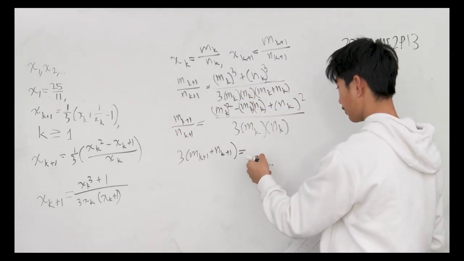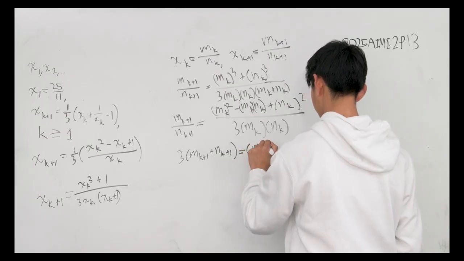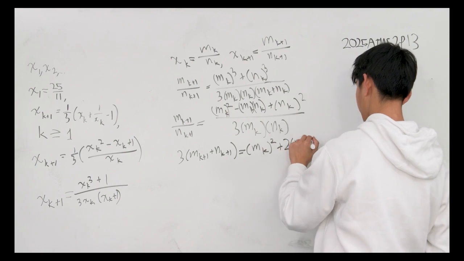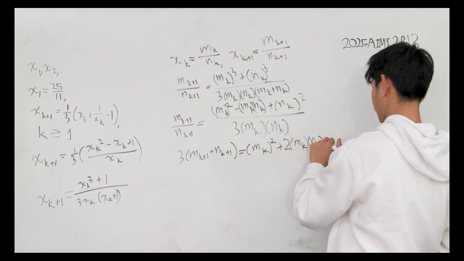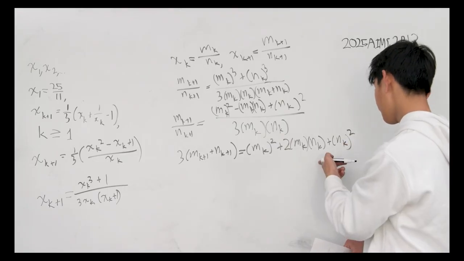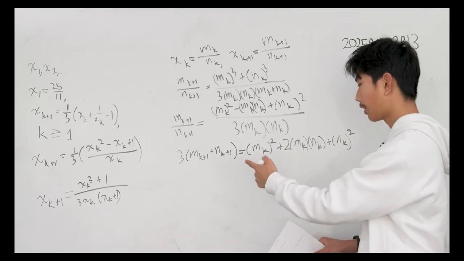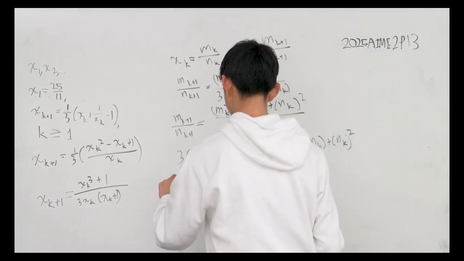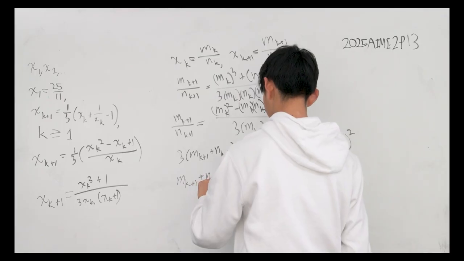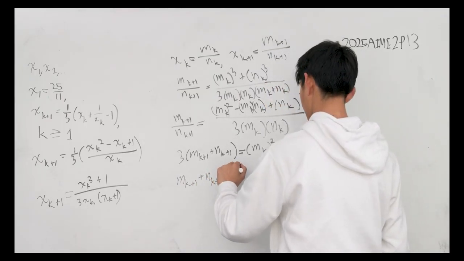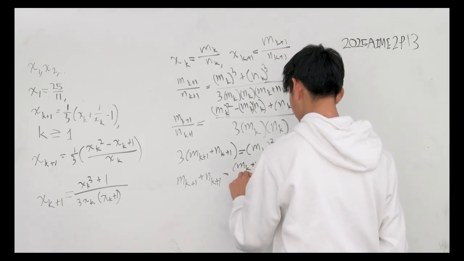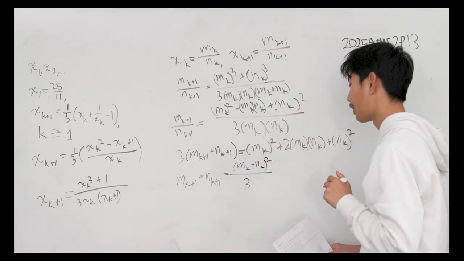This is equal to m sub k squared plus 2 times m sub k n sub k plus n sub k squared. So we see this is a square, and we can divide by 3 to get that m sub k plus 1 plus n sub k plus 1 is equal to (m sub k plus n sub k) squared all over 3.